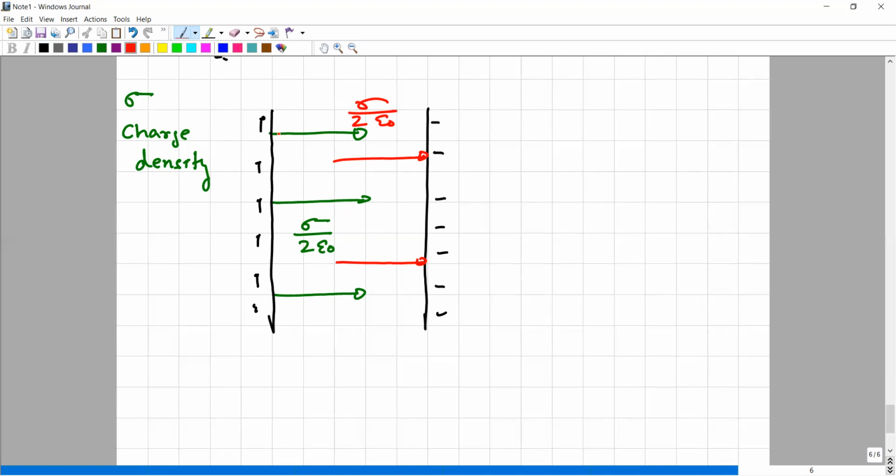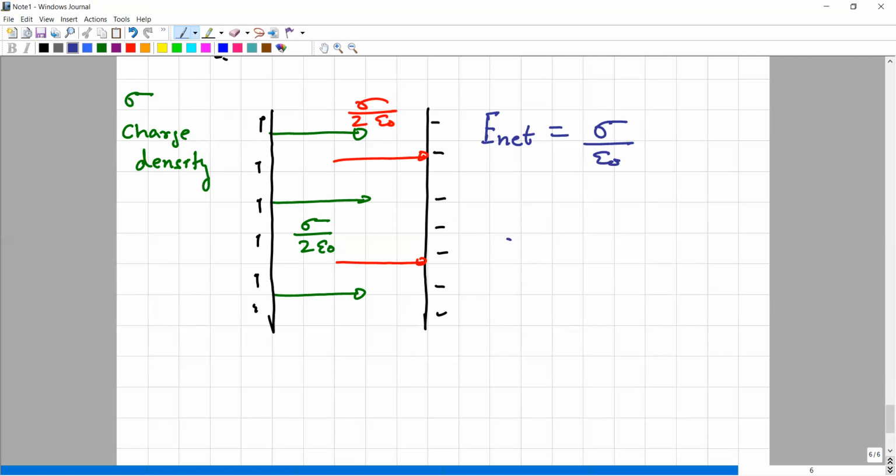As you can see, the positive plate electric field, green in color, is in the same direction as the negative plate electric field, red in color. So the net electric field in between the positive and negative plates will become sigma over epsilon naught. You basically have to add them up, sigma over epsilon naught.